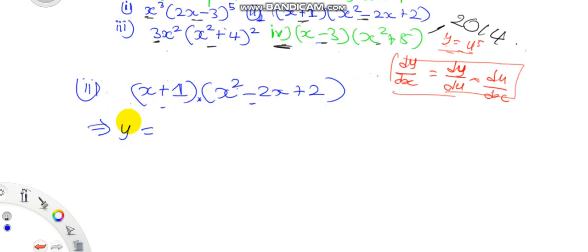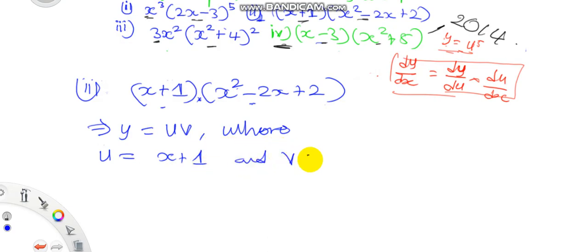So we have uv, which just means the two functions have been multiplied, where u is x plus 1 and v is x squared minus 2x plus 2.